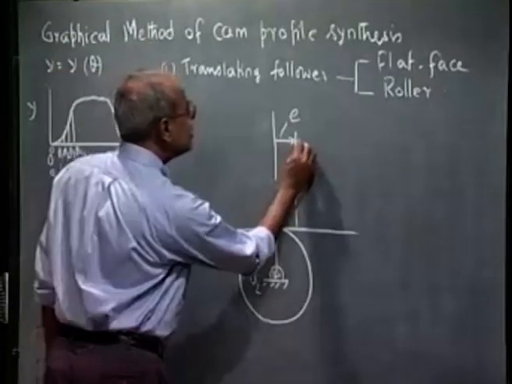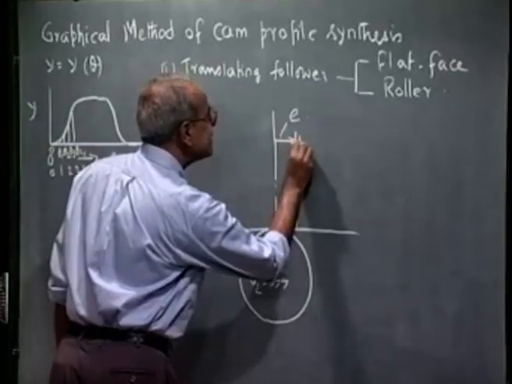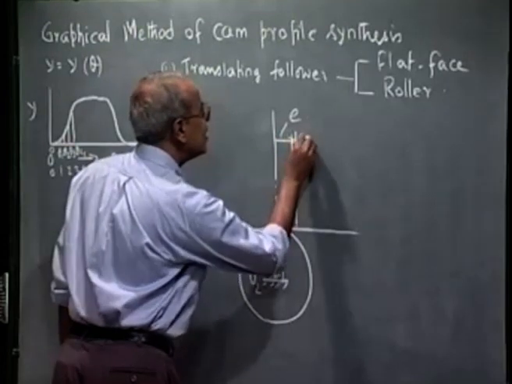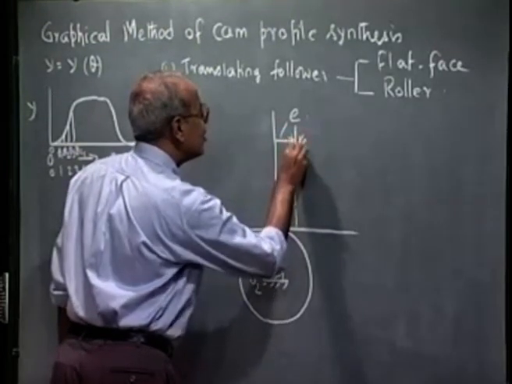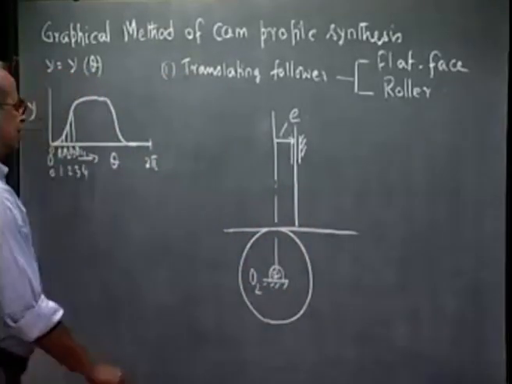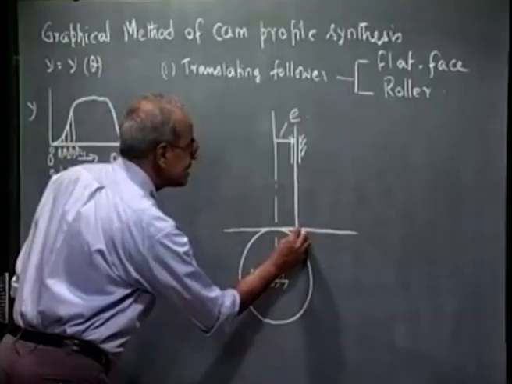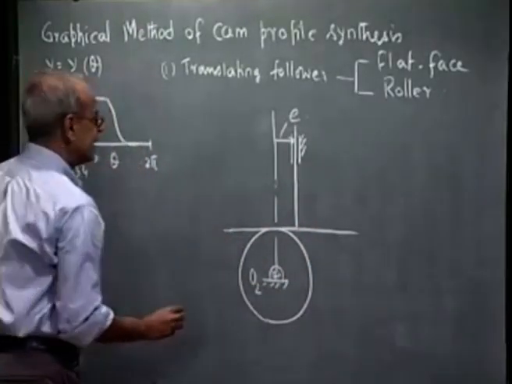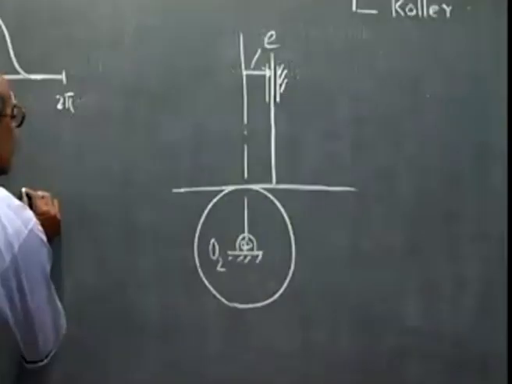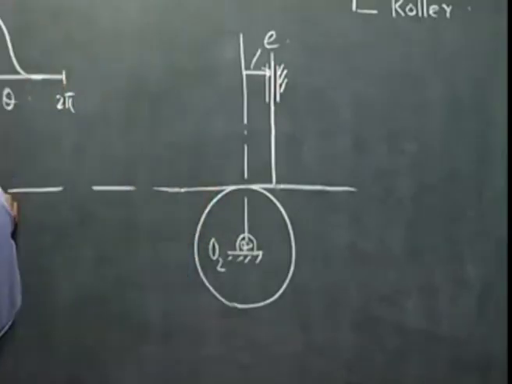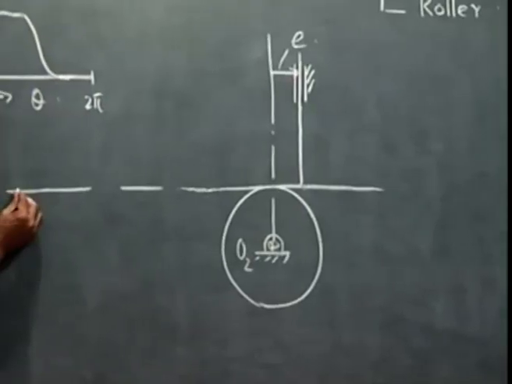This is the follower axis. This line represents the follower axis. Obviously, this corresponds to station point 0 when the follower is at its lowest position. Now, we draw the displacement diagram at the same level.